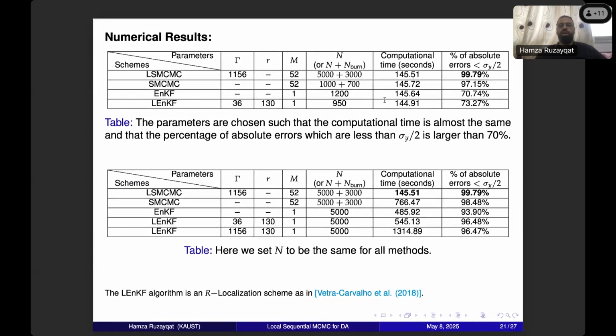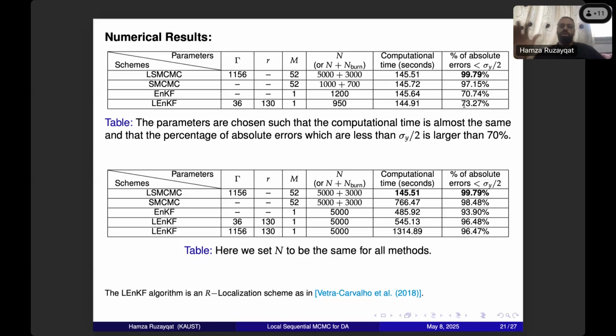Here I wanted all of them to give me an error such that 70% of the errors are less than sigma_y over 2. And when I say the errors, that means at all state variables and all times.